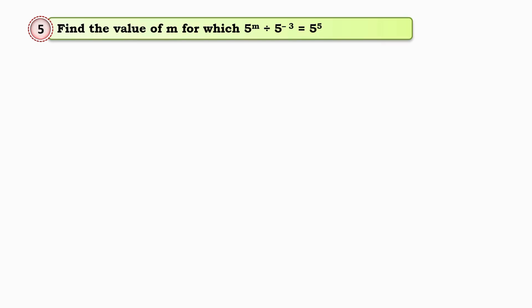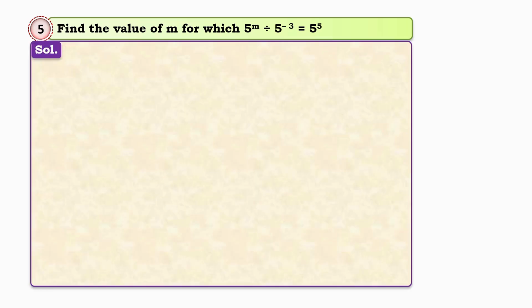Next question is, find the value of m for which 5 to the power m divided by 5 to the power minus 3 equals 5 to the power 5. Here we are going to apply the formula a to the power m divided by a to the power n equals a to the power m minus n.